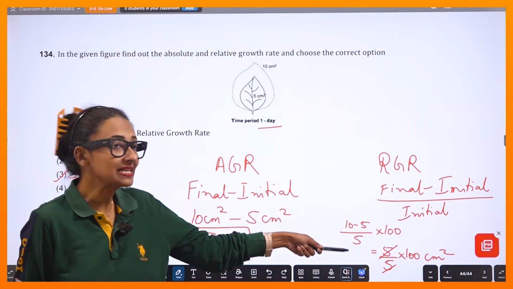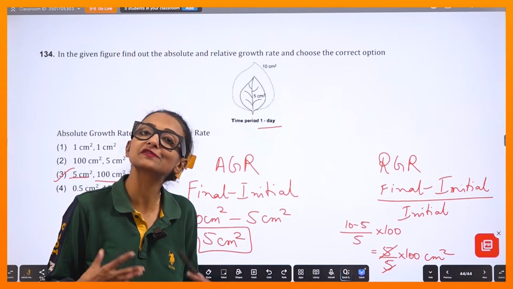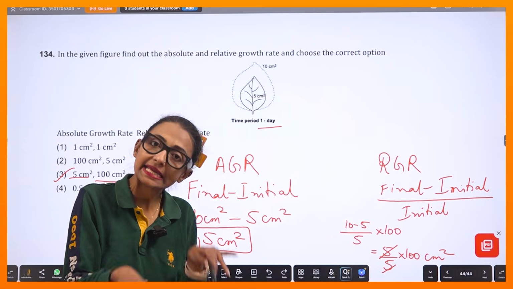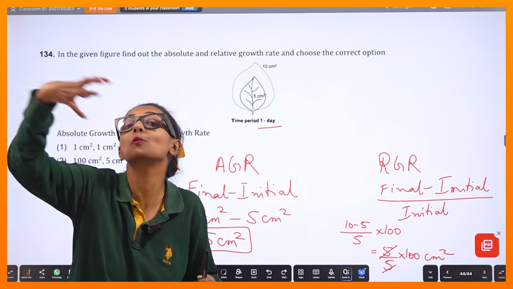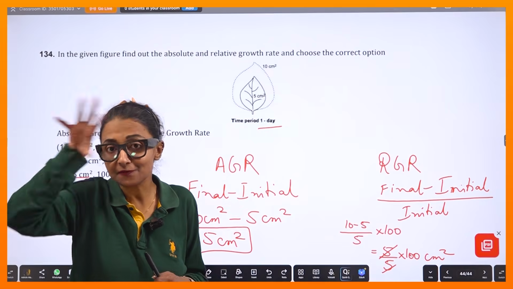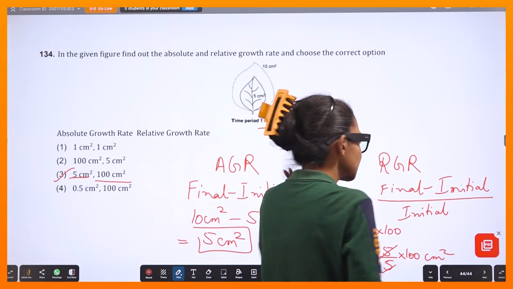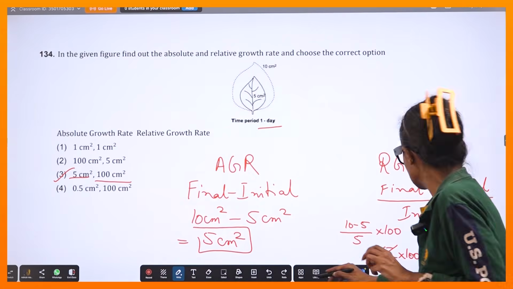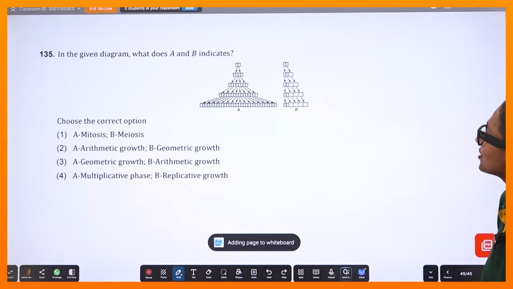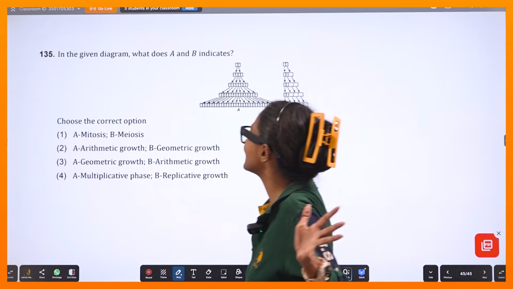So when you multiply it with 100, that means you're talking in terms of percentage, correct? Just to align it with NCERT, how much increase in terms of surface area is there. That's why we are considering the unit as centimeter square. Otherwise this 100 stands for percentage. Let's move on.